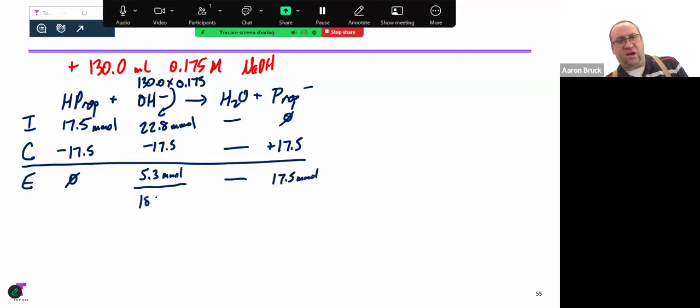130 plus 50 is 180 milliliters. So we do not need to worry about the concentration of this since we have free hydroxide. That no longer matters to us. 5.3 divided by 180, to two significant figures, is 0.029.